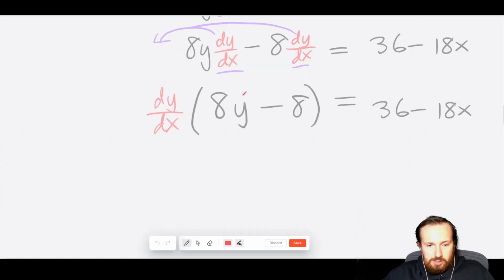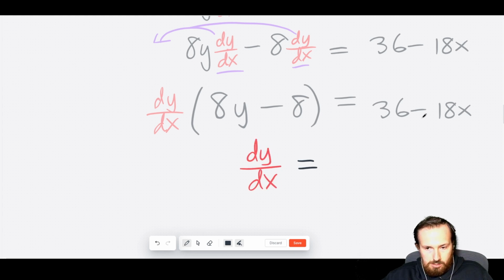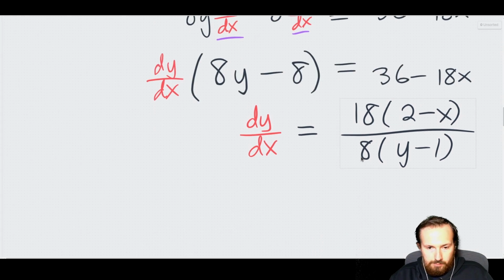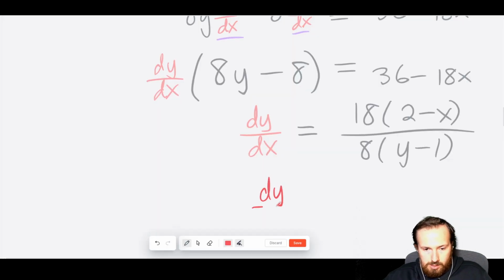And then finally, we can just divide both sides by 8y minus 8. So we'll get dy/dx equals, and I can pull out an 18 here, and I'll just get 2 minus x. Then I can pull out an 8 from this, and I'll just get y minus 1. You could simplify this a little bit further if you wanted. So dy/dx is equal to 18 over 8.